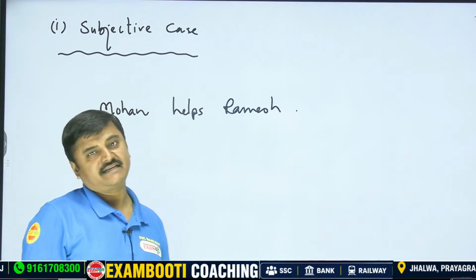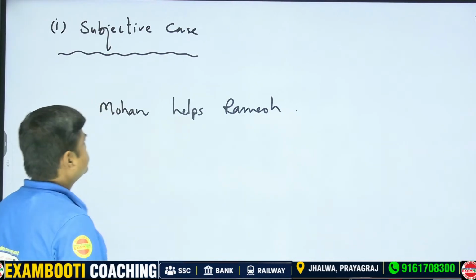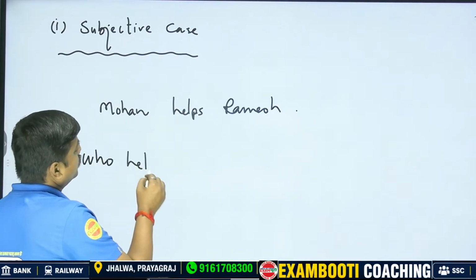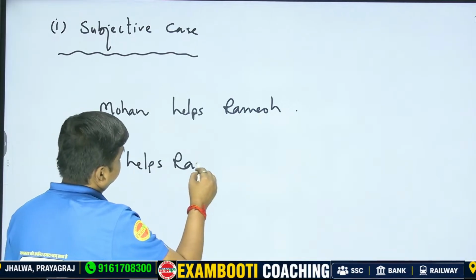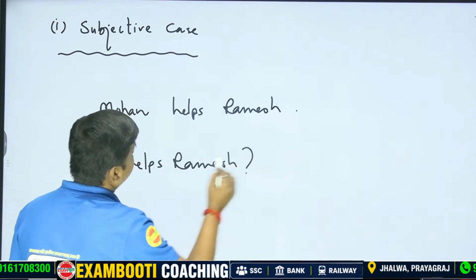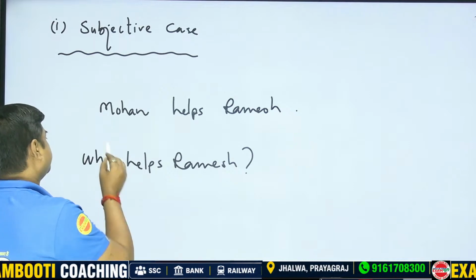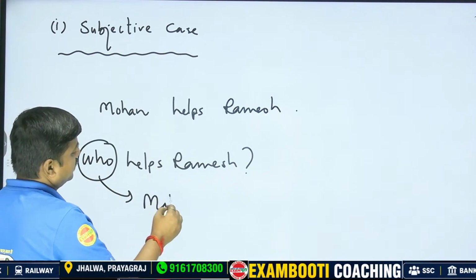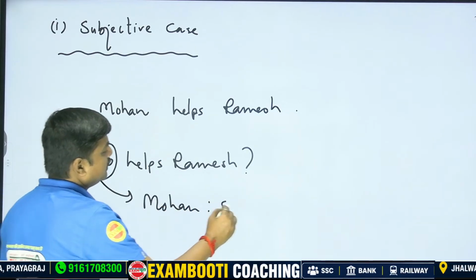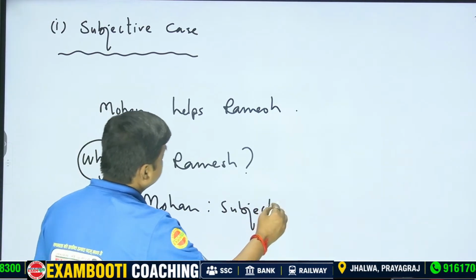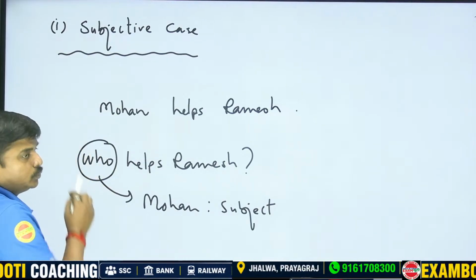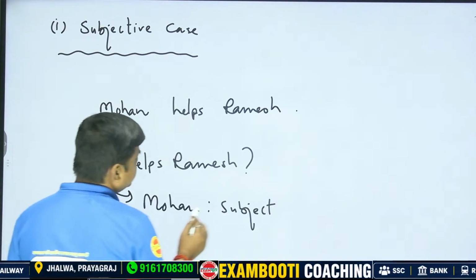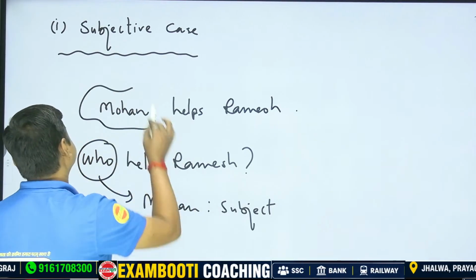This is the sentence. So if you ask who helps Ramesh, now ask the question and you will get the answer. Who? It means Mohan. It means Mohan is the subject, because when you use who, you will get the subject. So Mohan is the subject of this sentence.